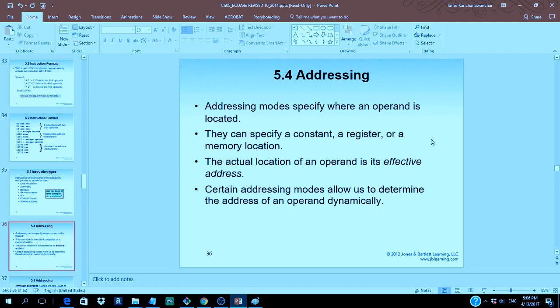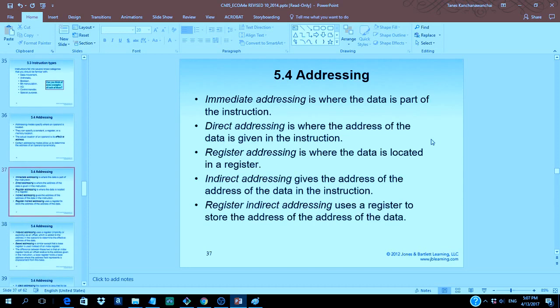All right, now the actual location of an operand is its effective address, right? Certain addressing modes allow us to determine the address of an operand dynamically. So now they talk about immediate addressing, which is where the data is part of the instruction.